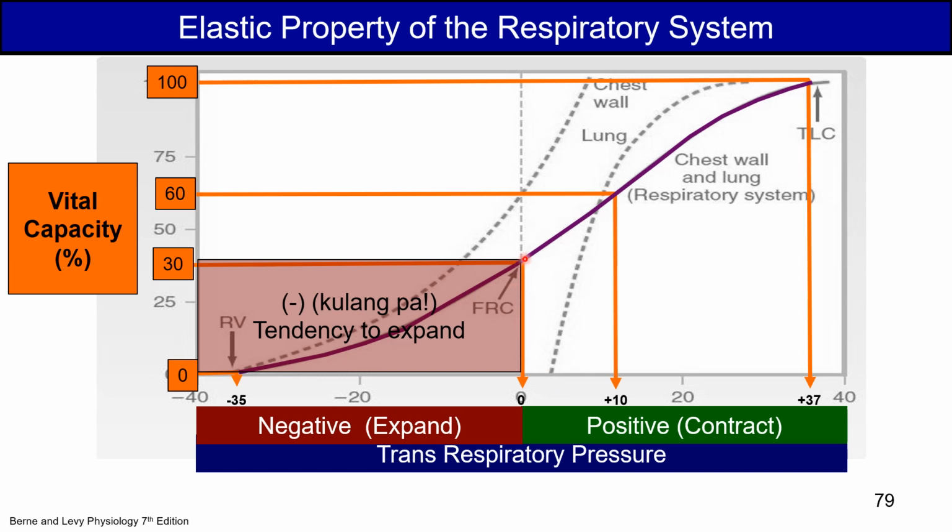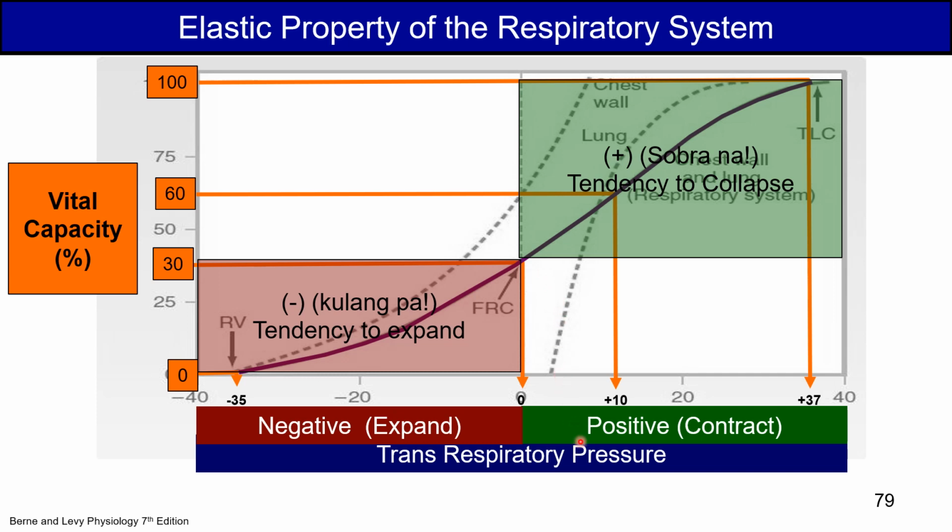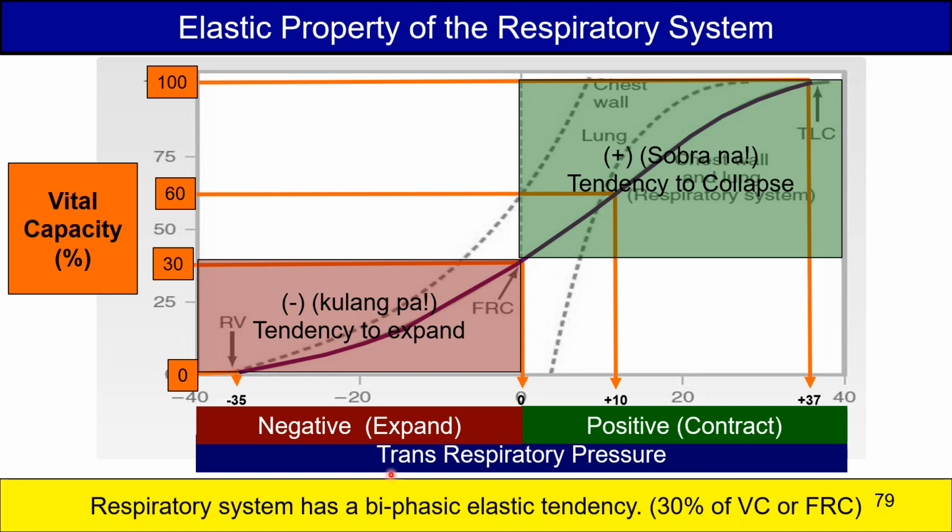Beyond 30% or beyond FRC, the transrespiratory pressure is positive, and therefore the respiratory system has an elastic tendency to collapse. And therefore, just like the chest wall, the respiratory system has a biphasic elastic tendency. But this time, the inflection point is not 60%, but at 30% of the vital capacity, or at FRC.